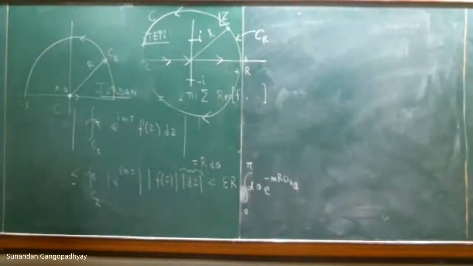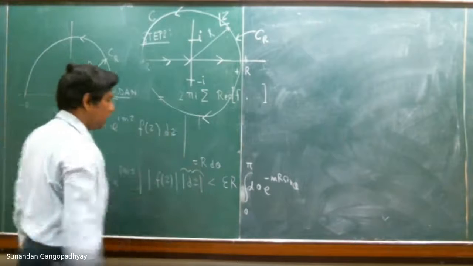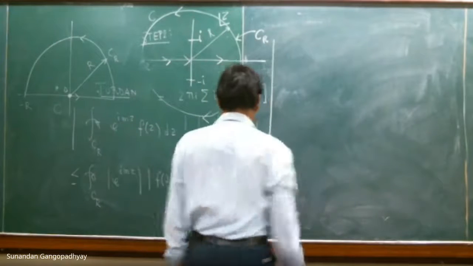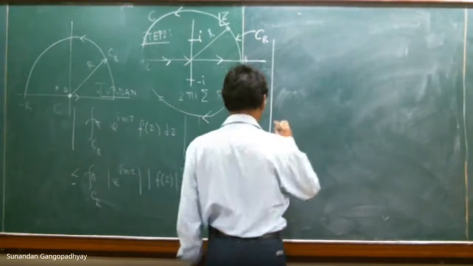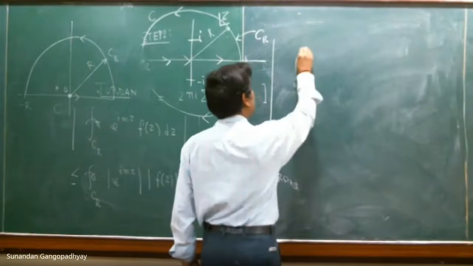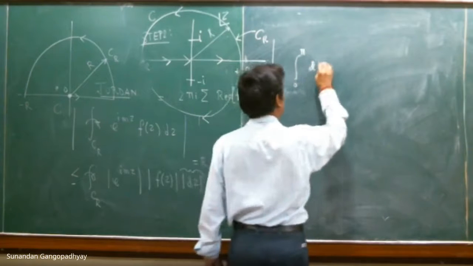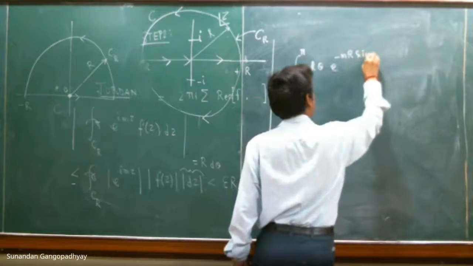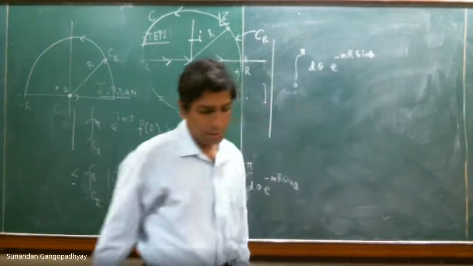So what we have obtained is that this integral mod is less than this particular thing. Now let us look at this integral 0 to pi d theta e to the power of minus m r sine theta.